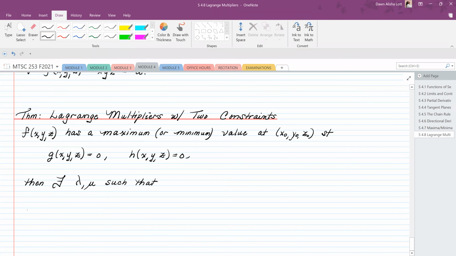Such that the gradient of f at x naught, y naught, z naught is equal to lambda times the gradient of g at x naught, y naught, z naught plus mu times the gradient of h at x naught, y naught, and z naught.